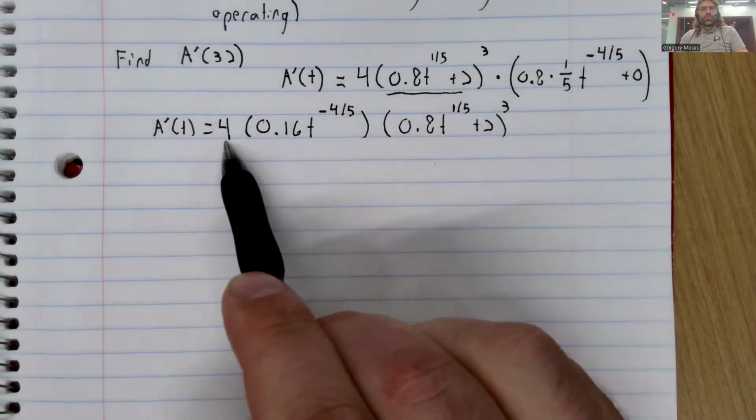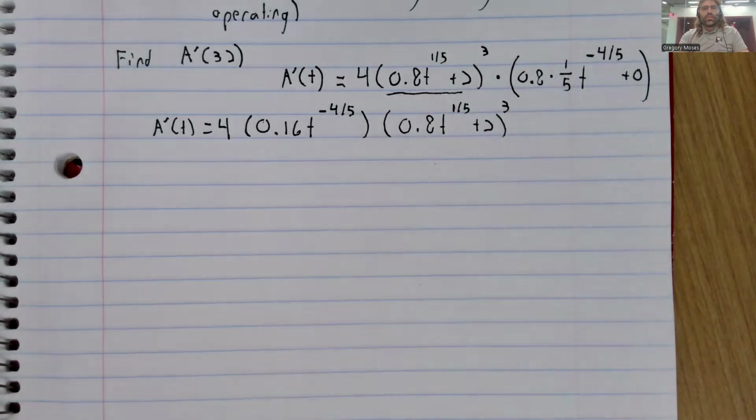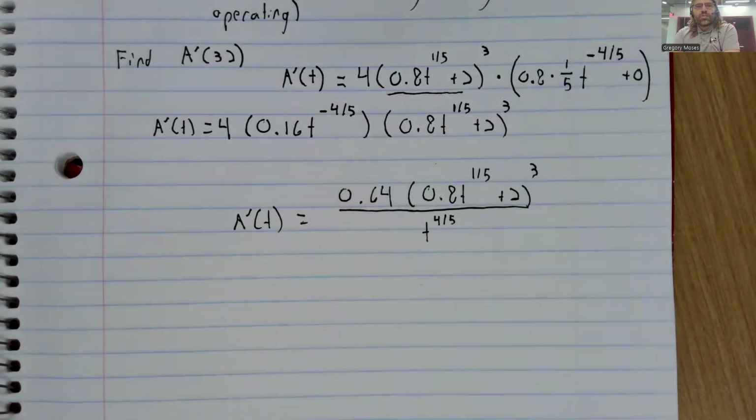Now we can multiply 4 by 0.16 and get your answer all pretty. It ends up being 0.64 times the quantity 0.8 t to the 1/5 plus 2 all cubed, divided by t to the 4/5.